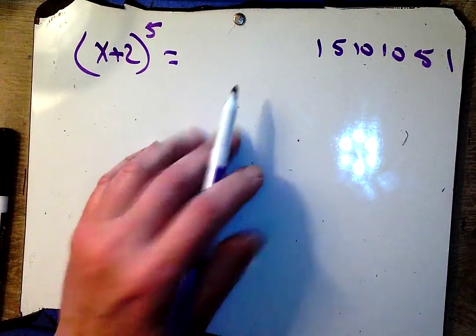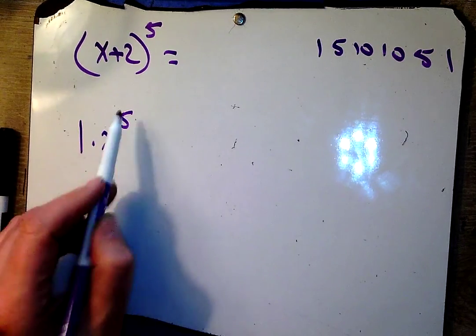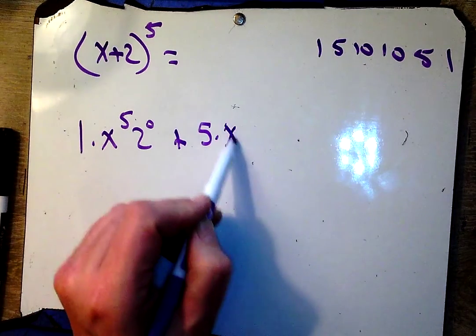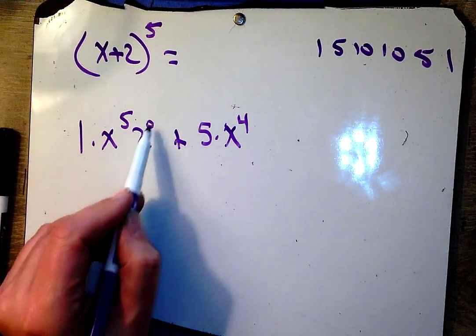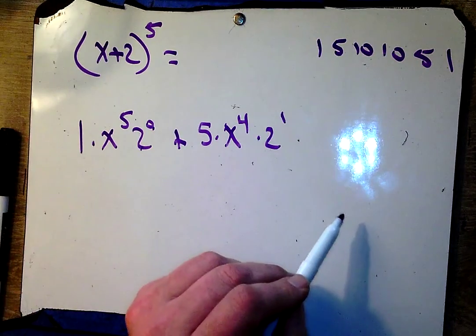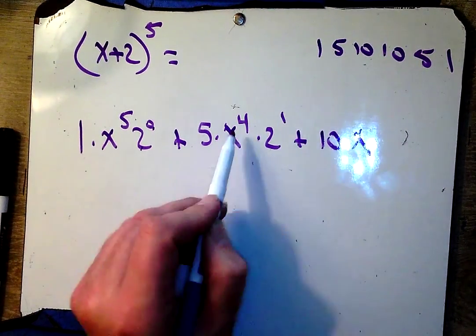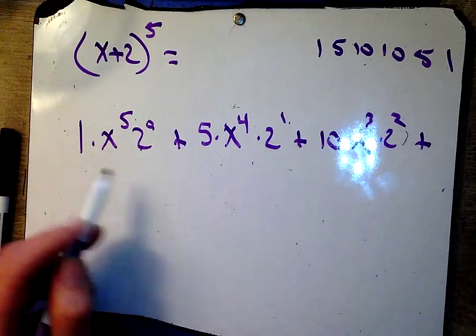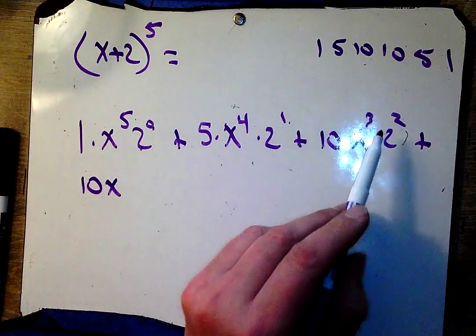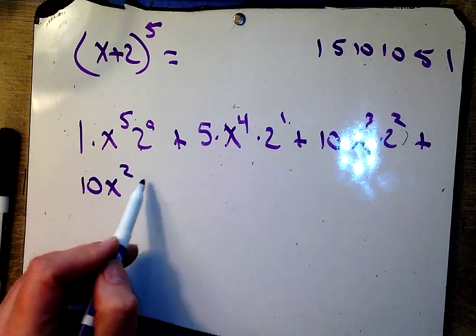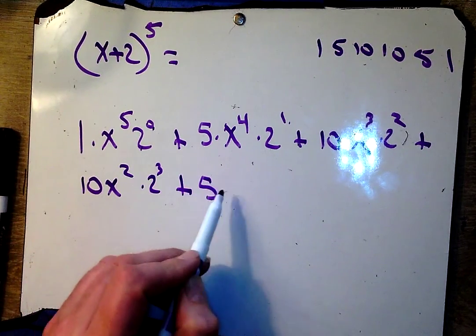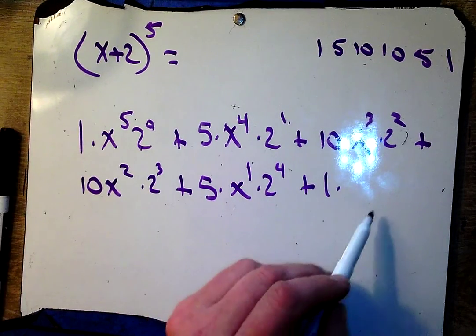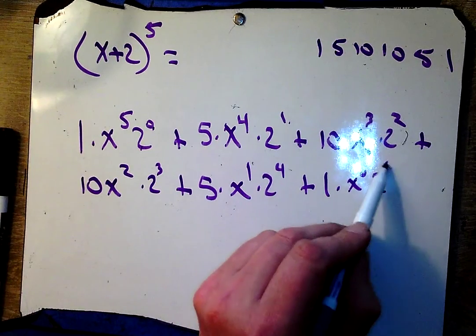Okay, so sure, 1 times x to the 5th, 2 to the 0, plus 5 times x to the 4th, this goes up by 1, 2 to the 1, plus 10 times, this goes down by 1, this goes up by 1, plus another 10, this goes down by 1, this goes up by 1, plus 5 times x to the 1st, 2 to the 4th, plus 1 times, I guess you could say x to the 0, 2 to the 5th.